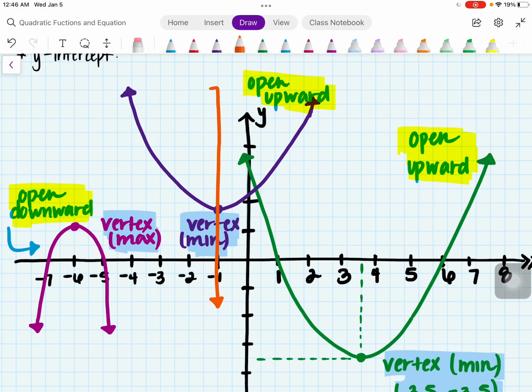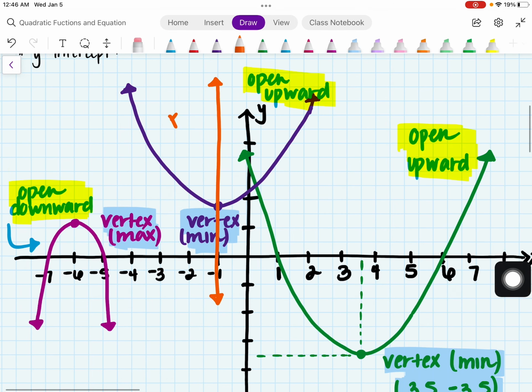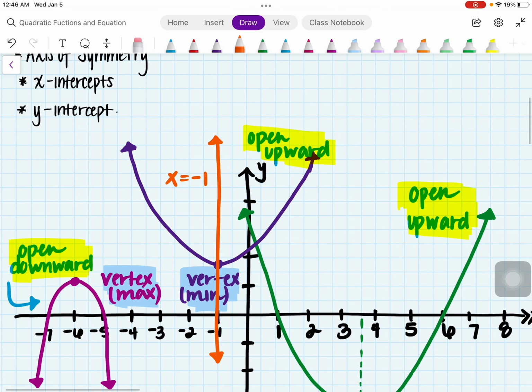And if I want to find the value of the axis of symmetry, it's always going to be the x value of the vertex. My x here for the vertex is -1. So the axis of symmetry there is -1.